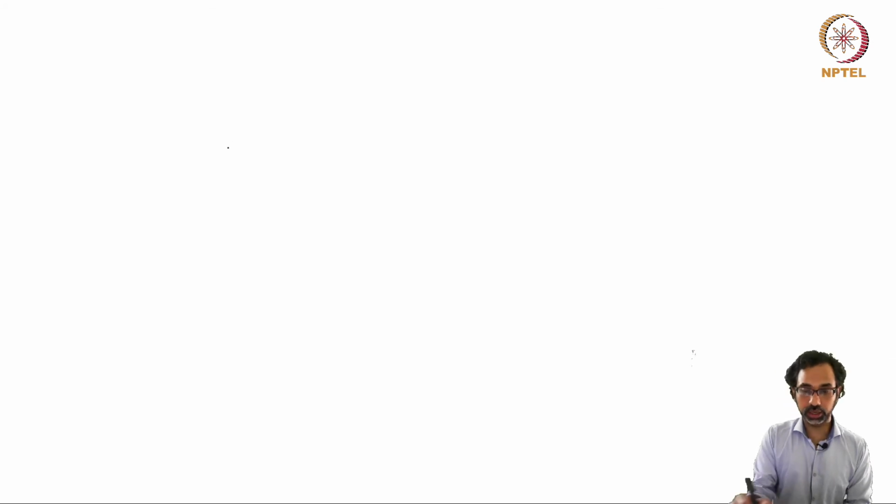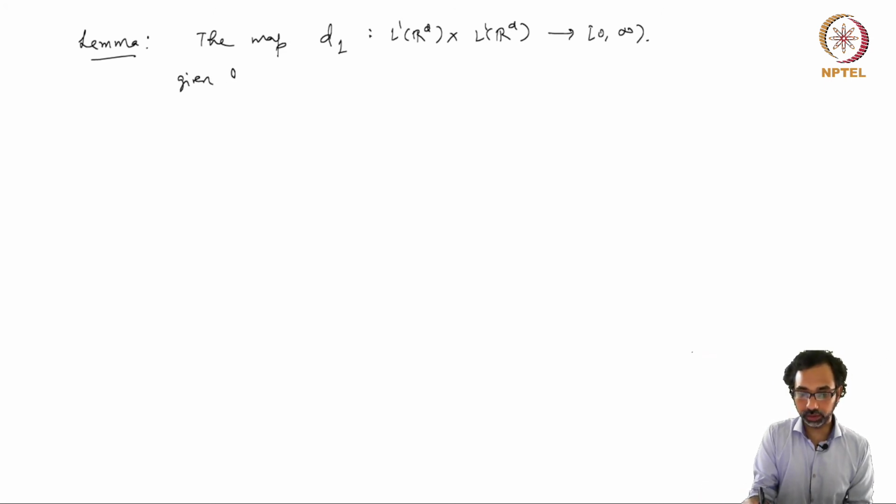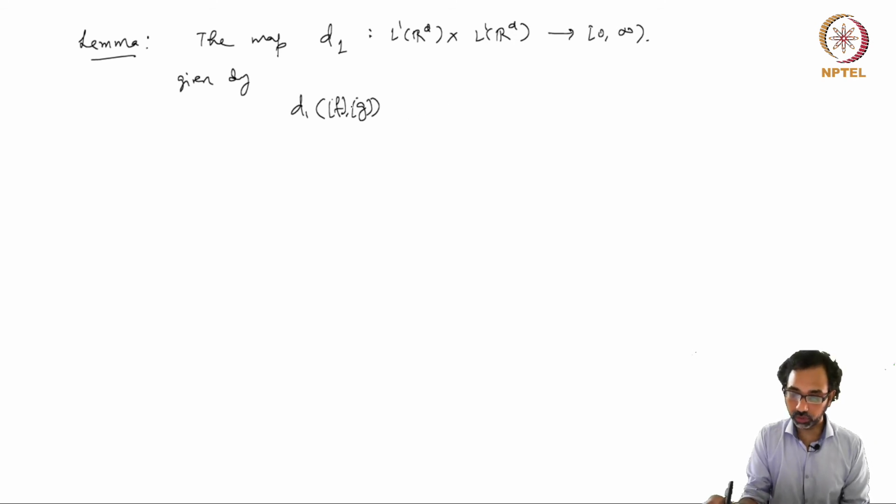Now with this new space, we have the following lemma, that the map d1 from L1(R^d) cross L1(R^d) to [0, infinity), given by d1(f, g), actually these are equivalence classes, but it's not going to make any difference, is simply the L1 norm of the difference of f and g.